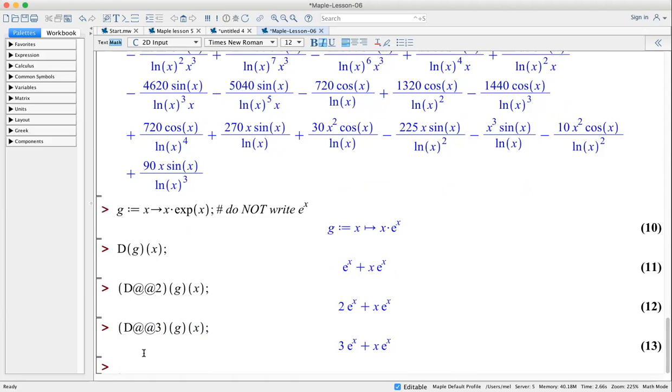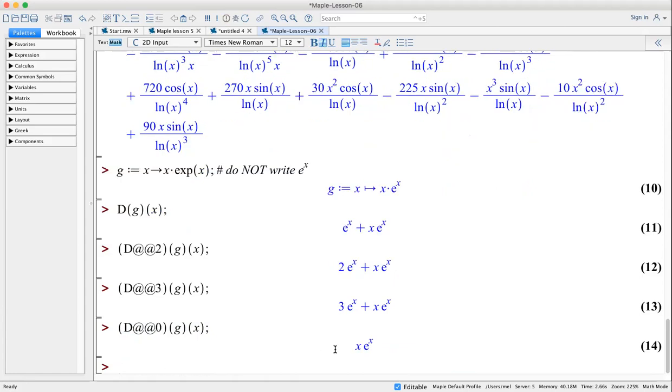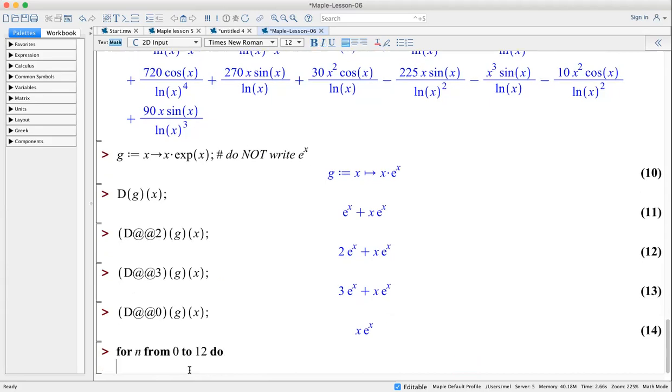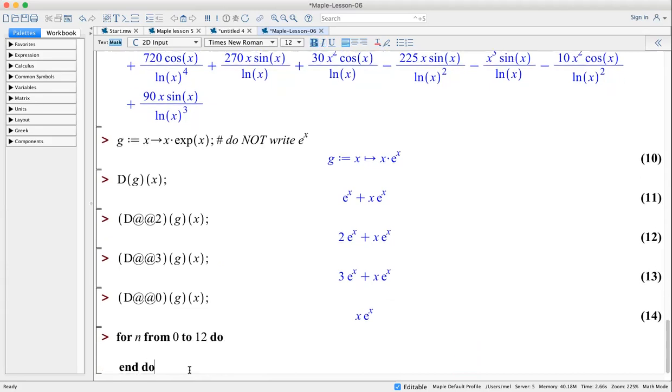We can make a loop that will just calculate a lot of derivatives. By the way, what happens if I put a 0 here? I just get back the original function. So the convention is the 0th derivative of a function is just the function. Let's make a loop. For n from 0 to 12, do, I always like to put my n do in.